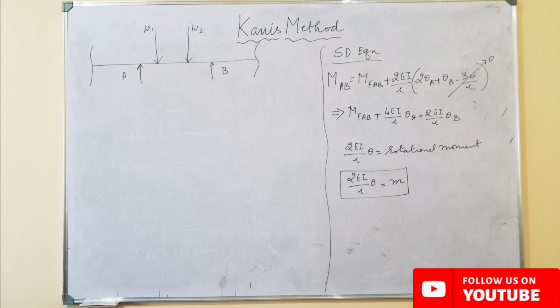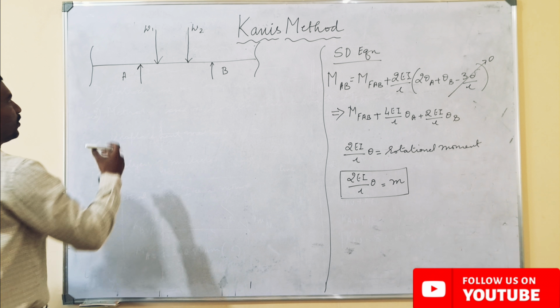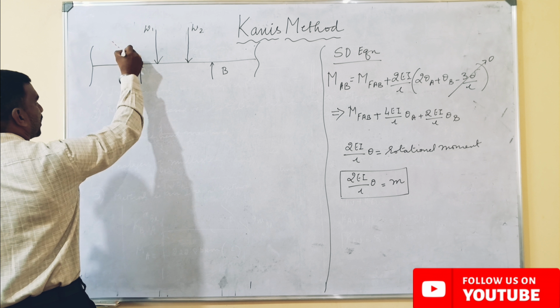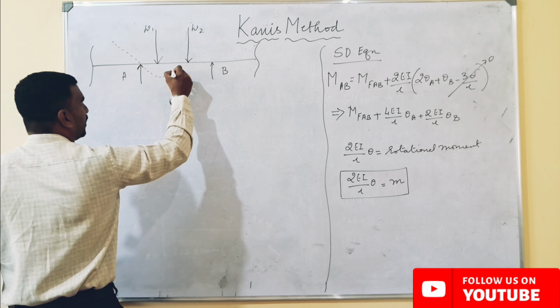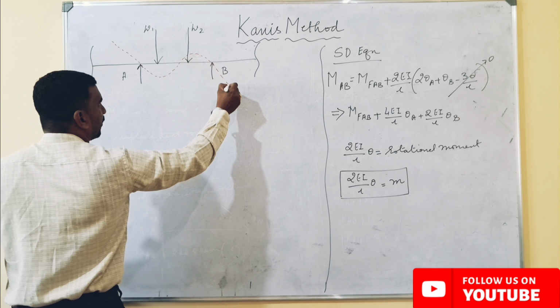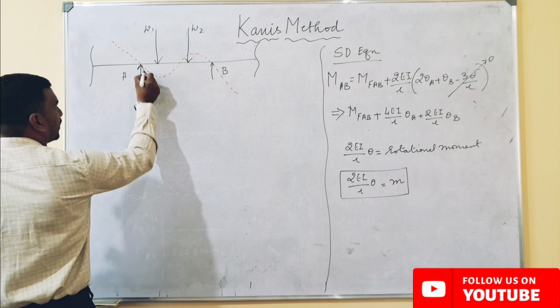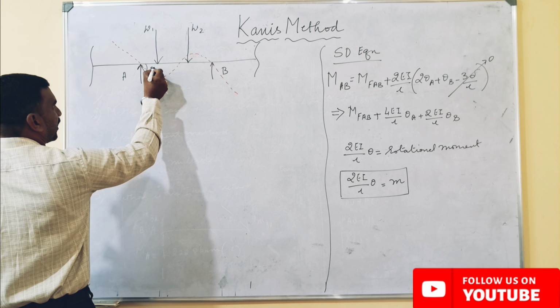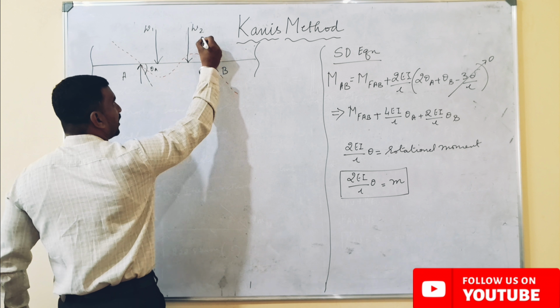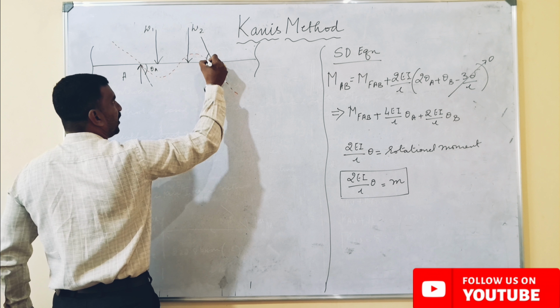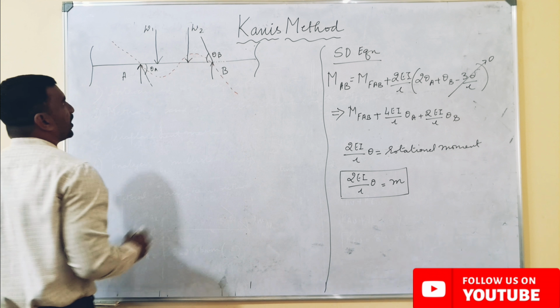The beam undergoes a deformation in this way. Here the slope will be theta A, and here theta B.